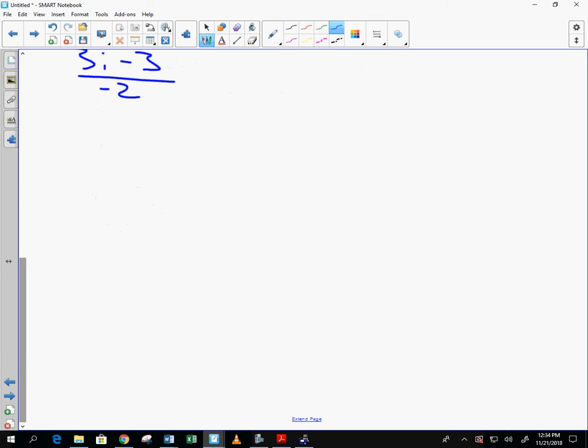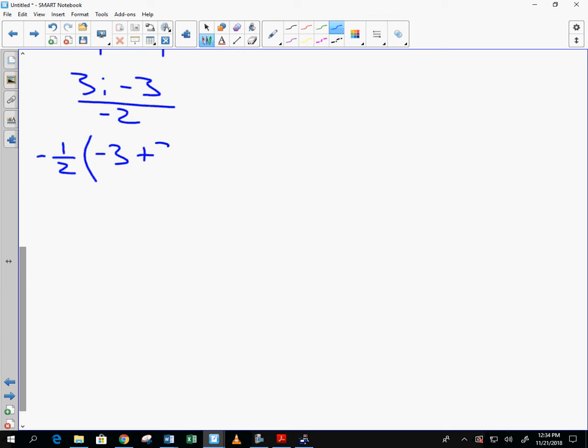So I'm going to write it in that form. Dividing by -2 is the same as multiplying by -1/2. Agreed? So I have -3 plus 3i. As I distribute that -1/2 through, I have 3/2 minus 3/2 i. Now it's written in the form a plus bi.